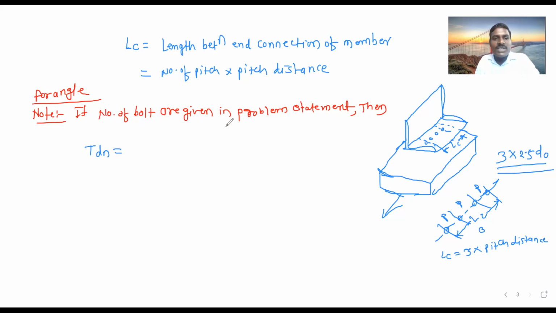If number of bolts are given in the problem statement, then for TDN, the rupture of critical section formula we have to use is alpha into AN into FU divided by gamma M1.